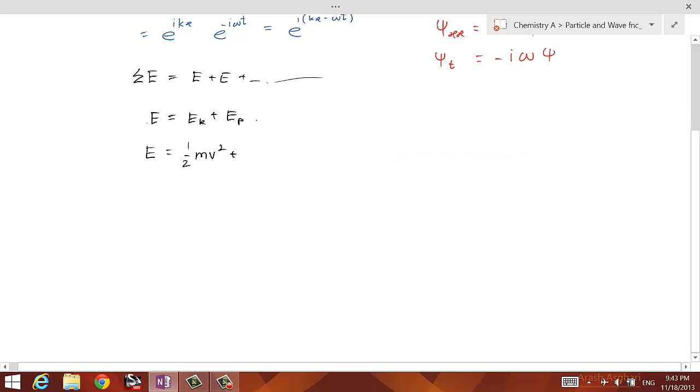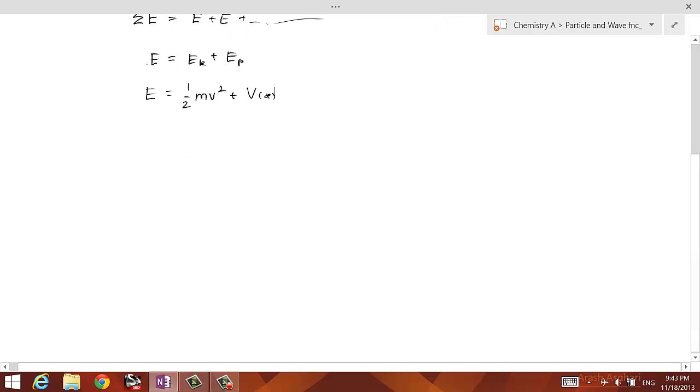What I want to say is that this is just a value depending on the location of the particle. It's defined by the system, so I state V(x).